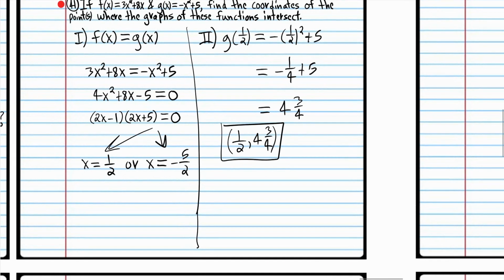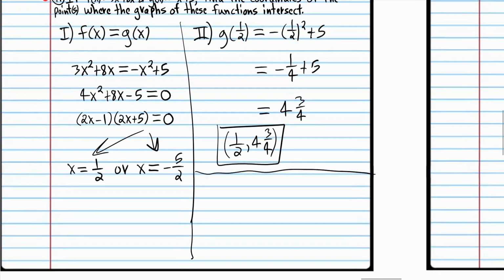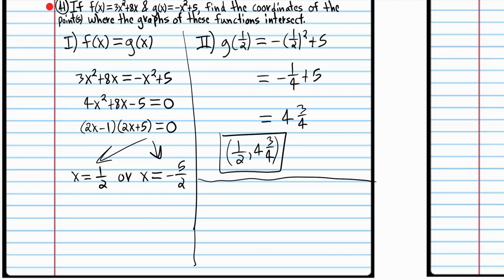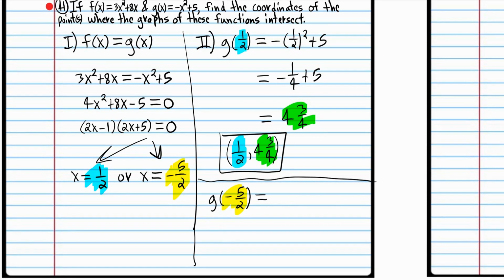But we have to find another point where they intersect. So we have to plug in negative 5/2 that we got from the other x value. So let's do the math.